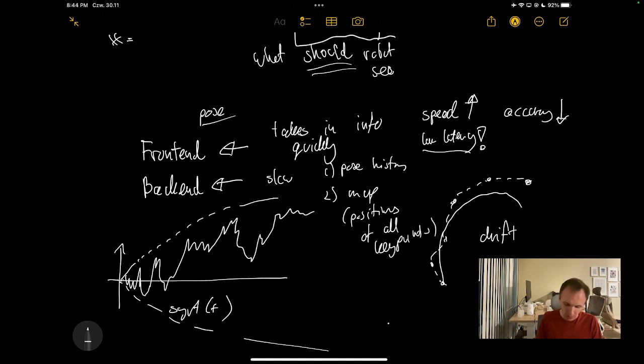Usually it's a system that takes all the keyframes and all the poses, remembers what the robot has seen in each of the keyframes, tries to figure out the relation between the keyframes, and tries to optimize the whole thing as one system.